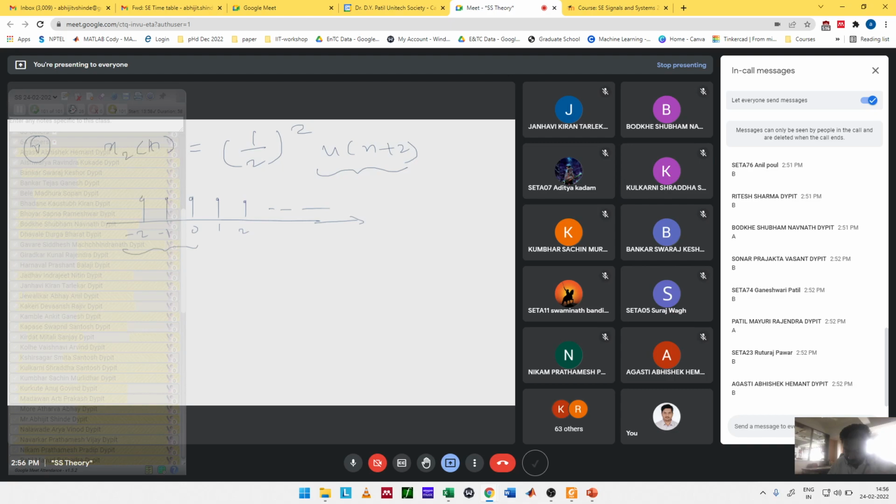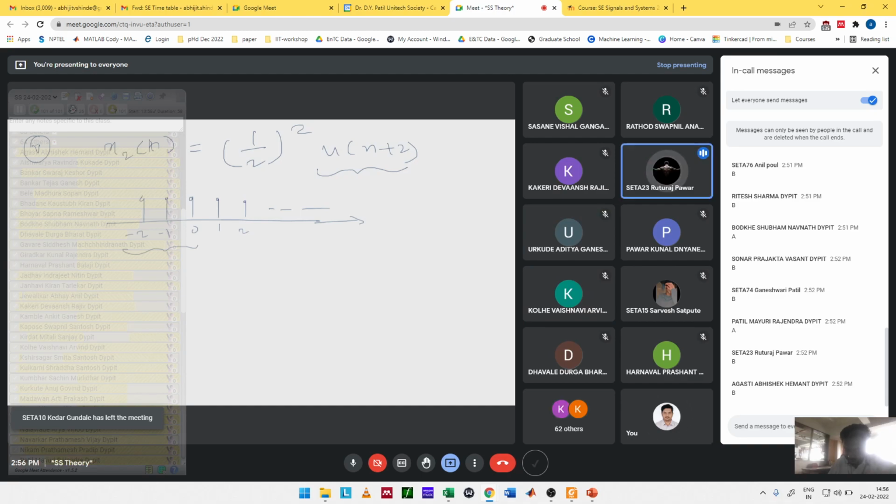Swapnil, present, sir. Sarvesh, present, sir. Kunal, present, sir. Pawar, Devansh, present, sir. Vishal, present, sir. Prashant, present, sir. Durga, present, sir. Vaishnavi, present, sir. Aditya, present, sir. Ruturaj, present, sir. Pallavi, present, sir. Saket, present, sir. Ajinkya, present, sir.